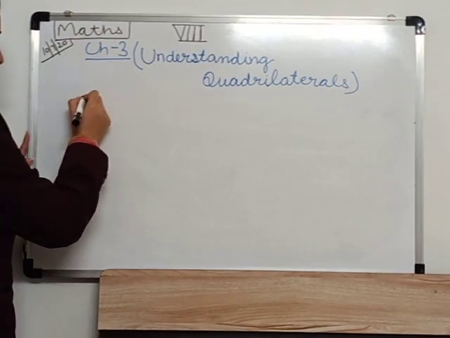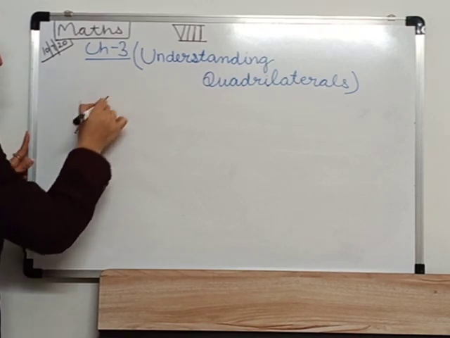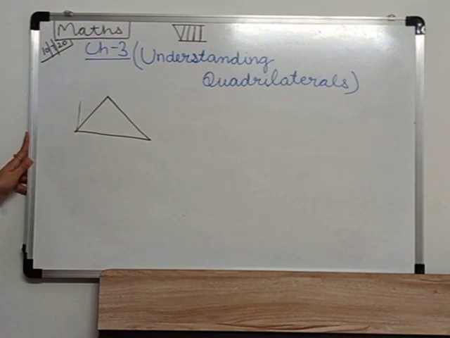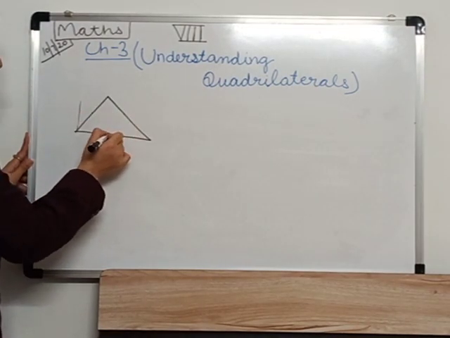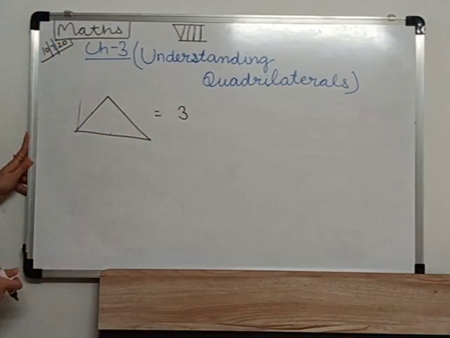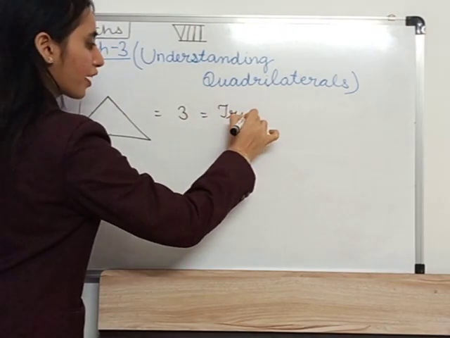See, the first one is this one. We all know this is a triangle, and in this triangle how many sides? 1, 2 and 3. 3 sides. This is a polygon with 3 sides, and its name is triangle.